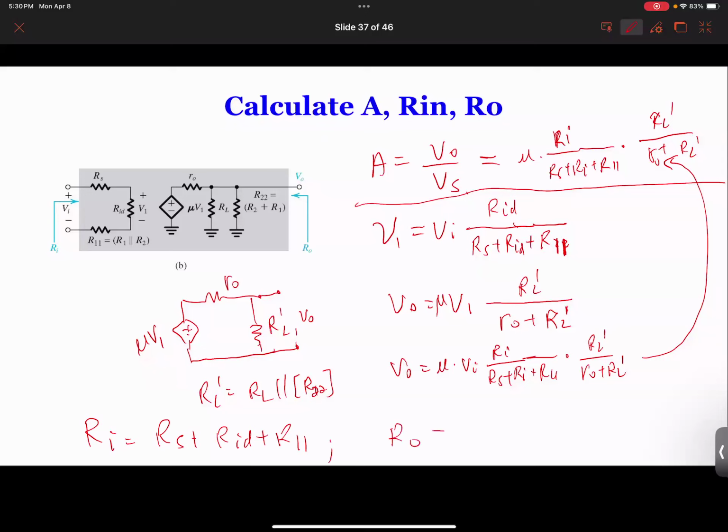How about RO here? You just look at the RO. Basically, you short your input voltage source. If you short your voltage input source, mu times V1 becomes 0, so this becomes a short circuit. So it becomes like this.